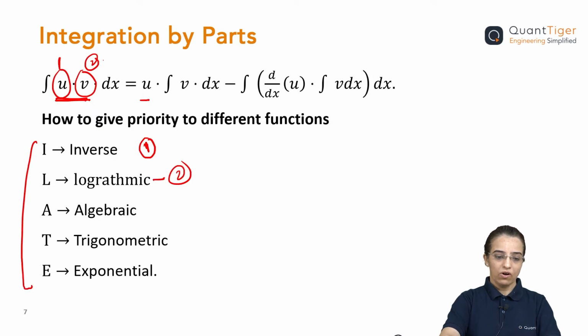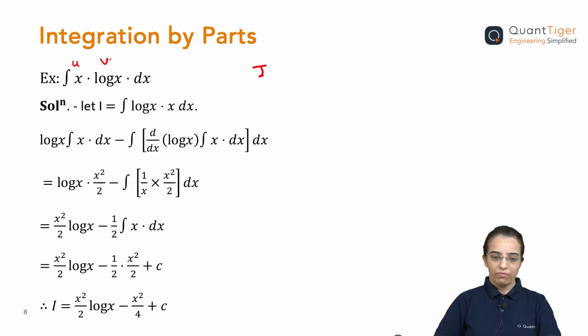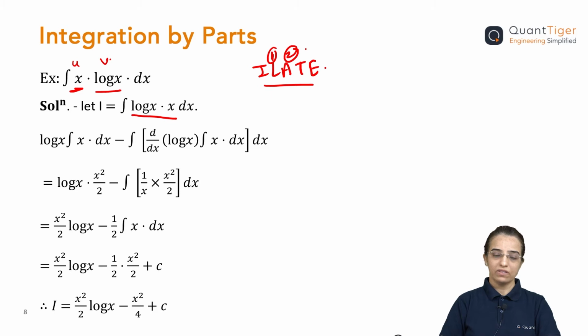As you see here, logarithm comes first in ILATE, so we will be using it first. For example, this is an algebraic function, this is a logarithmic function, and logarithm comes first and algebraic comes second. So I have changed their order over here: log x came first and x comes after that.